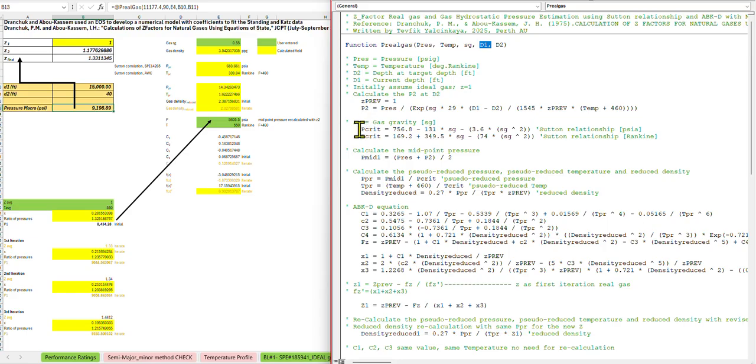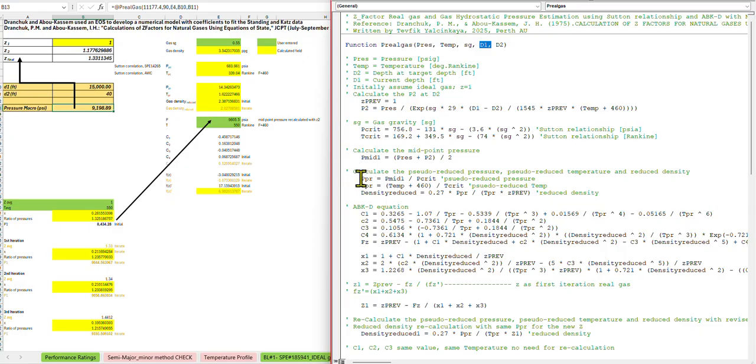Using that P2, we find some critical properties, defined by the Sutton relationship using the specific gravity, and we are after a midpoint pressure because we are after the pressure at D2. So we need to find the mid pressure so that we can start the iteration of the compressibility factor, so that the compressibility factor can reach a solution, and the resulting pressure can reach a solution as well.